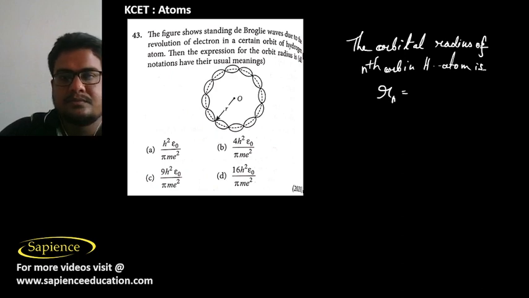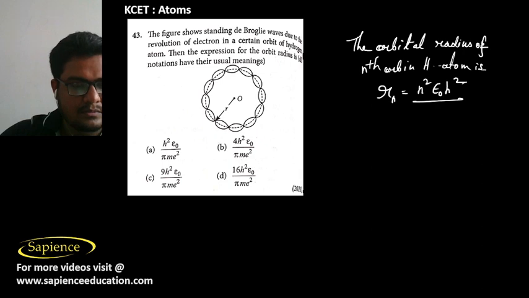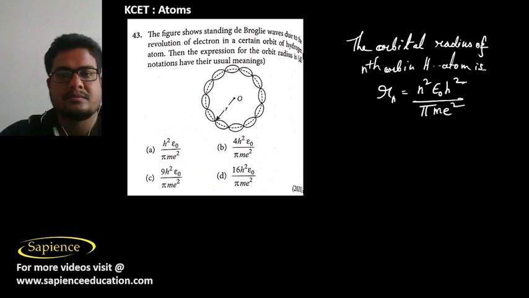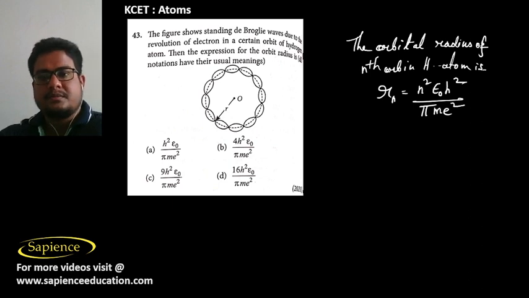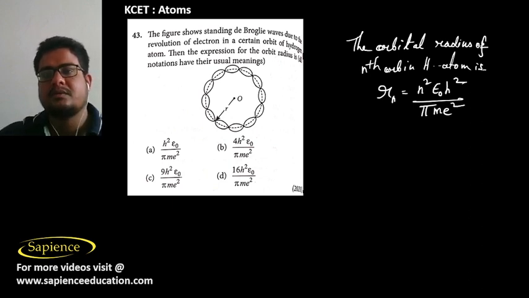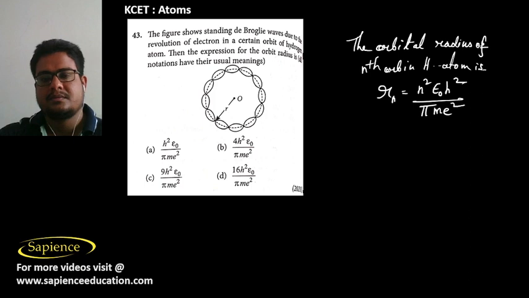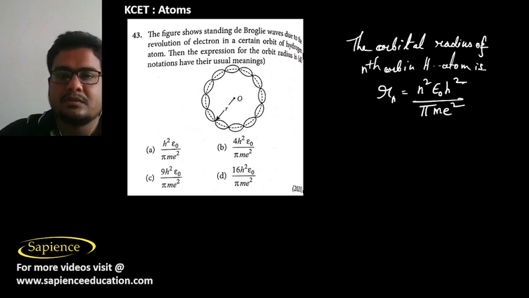That is equal to n square epsilon naught h square by pi m e square. So how does it come? It comes like this.